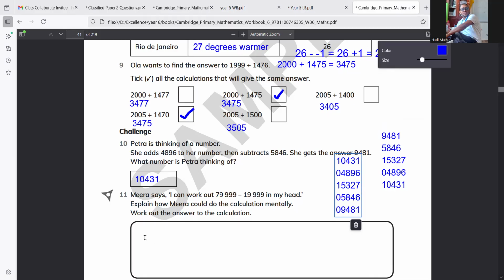Like, she can do this very easily. The reason why: if you look at the ones, tens, hundreds, and thousands, all of them are the same. So immediately her answer will be, you're just going to subtract the 10,000, which is going to be equal to 60,000.